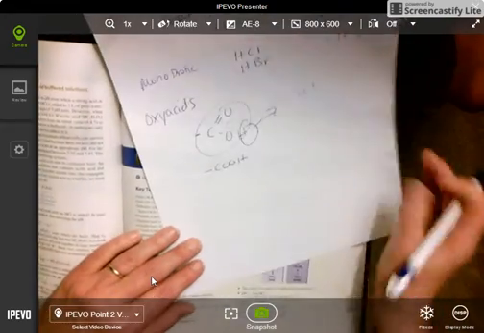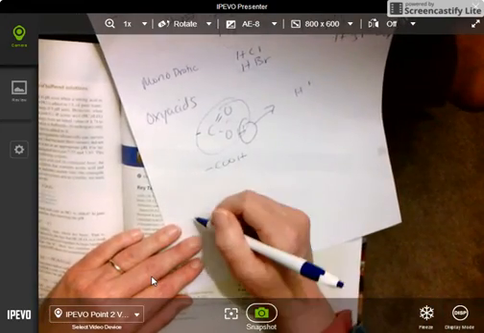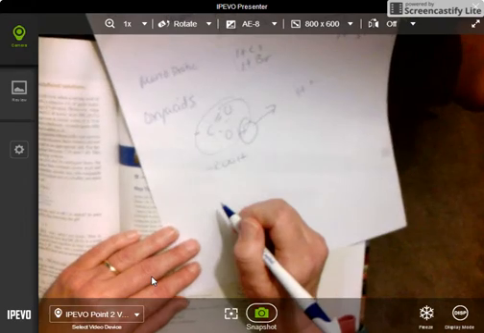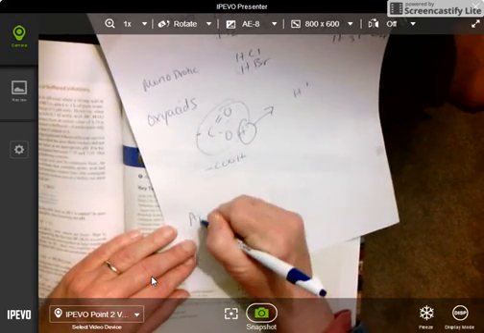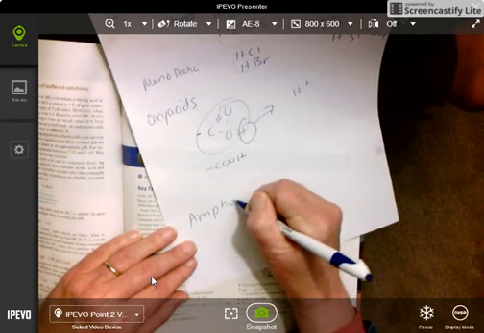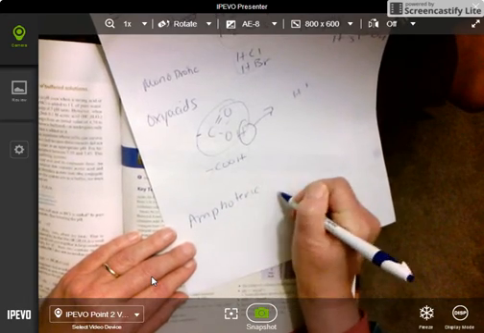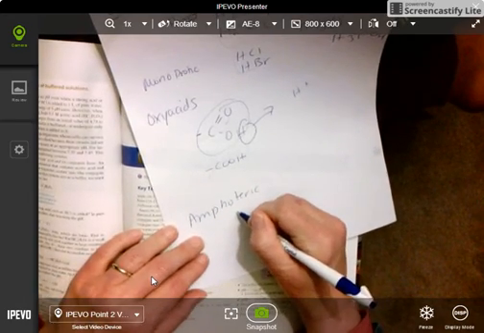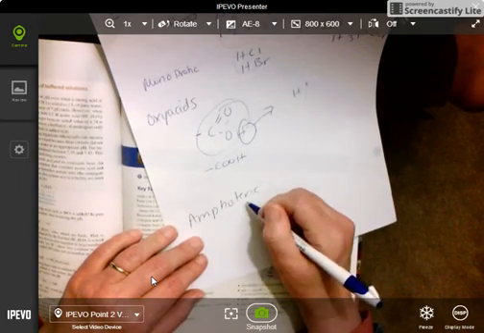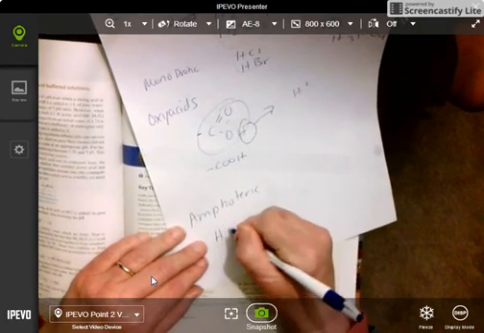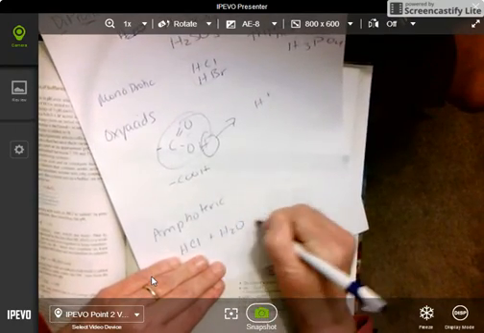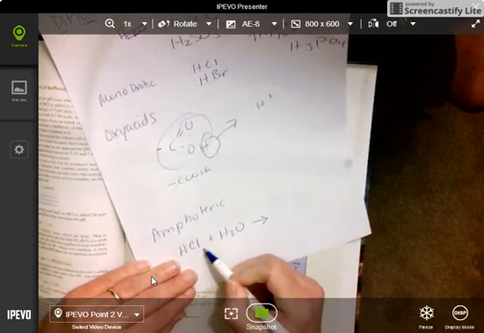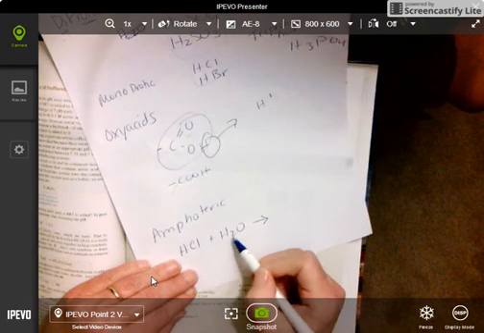Okay, and then the other one was amphoteric, but I'll talk about that when I talk about conjugate acids and bases. Because I told you this is the video on vocabulary, I'll tell you what it is. Amphoteric is when a compound can act as an acid or a base. You probably already know this is an acid, okay?